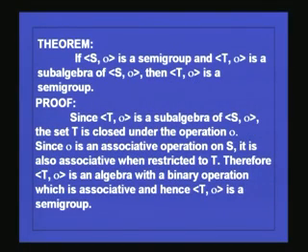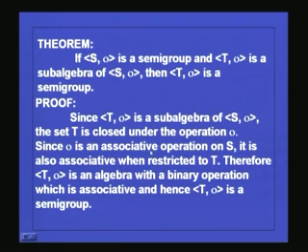Now, if S dot is a semigroup and T dot is a subalgebra of this, then T dot is also a semigroup. When do you say that something is a subalgebra? The closure property should hold. So, T dot is a subalgebra of S dot, and the set T is closed under the operation dot.